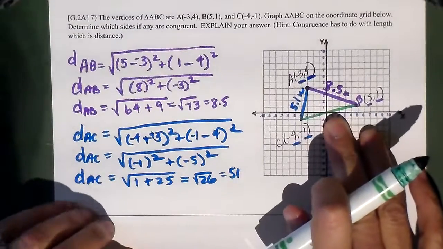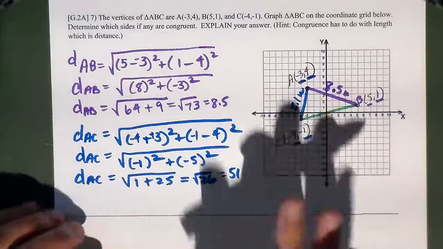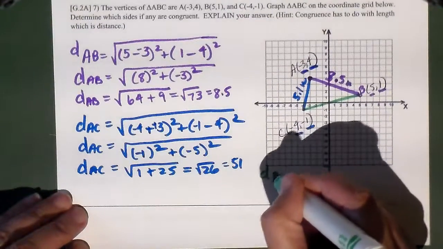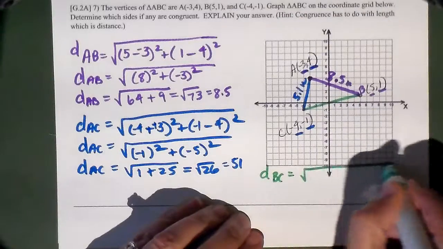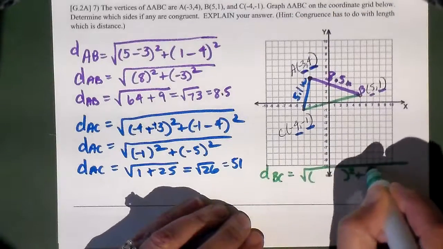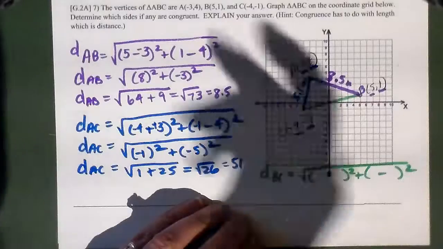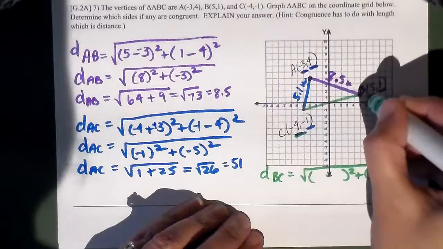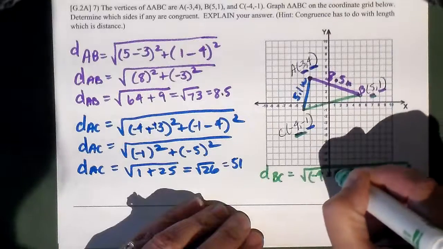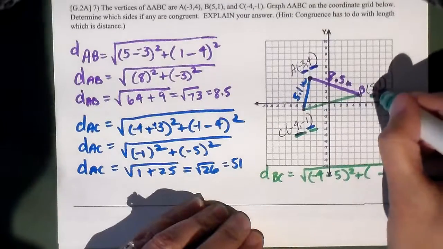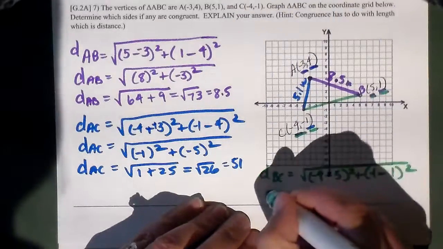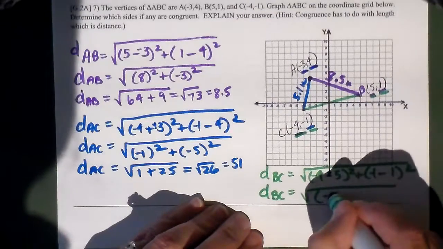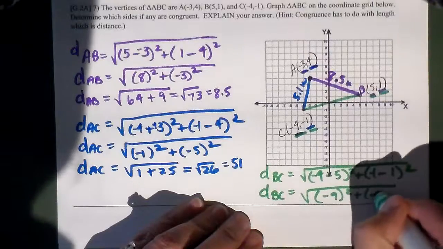Let's find this guy. All right, so now I'm going to do the distance from B to C. Some of you forgot the third side. So the distance from B to C, I've got -4 and 5 for my x's, -1 and 1 for my y's. So the distance from B to C was -9 squared plus -2 squared.